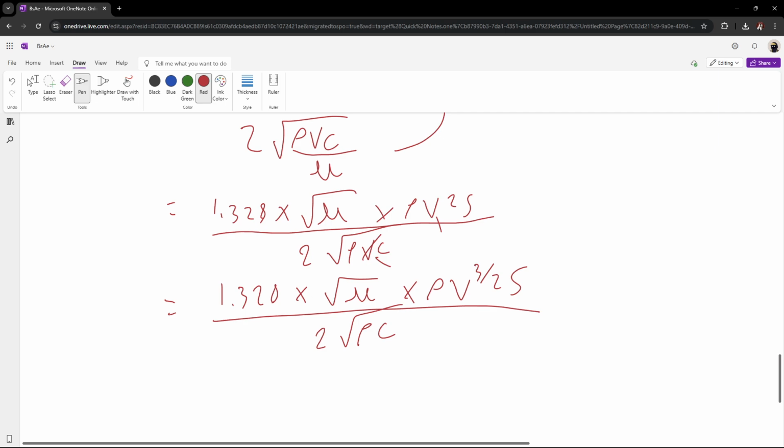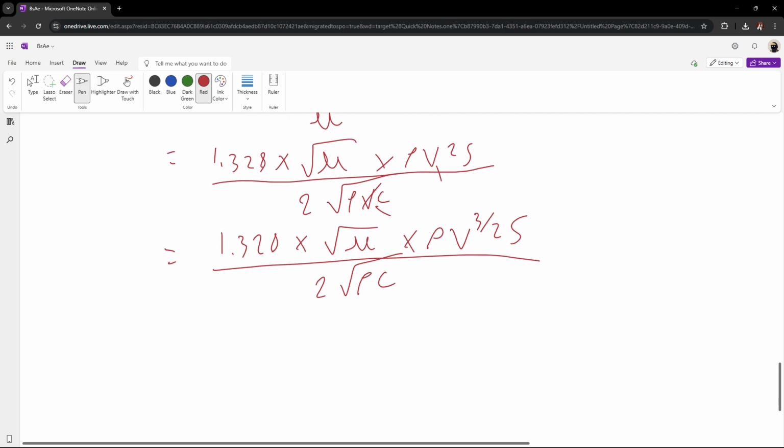Now how do we further simplify this? Since it's more simplifiable, as I said earlier, nu and rho are constants. The 1.328 is also a constant.